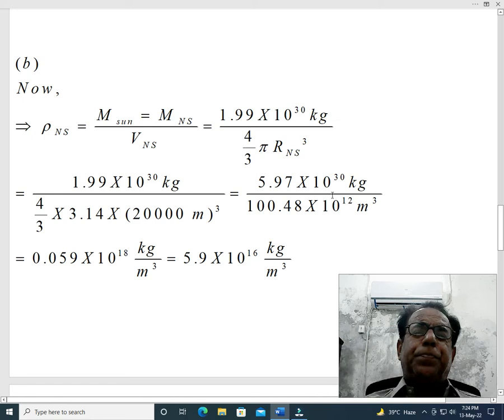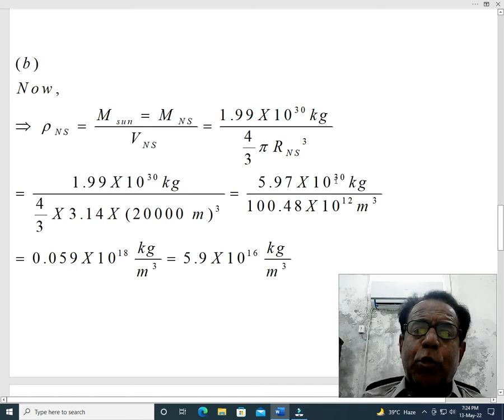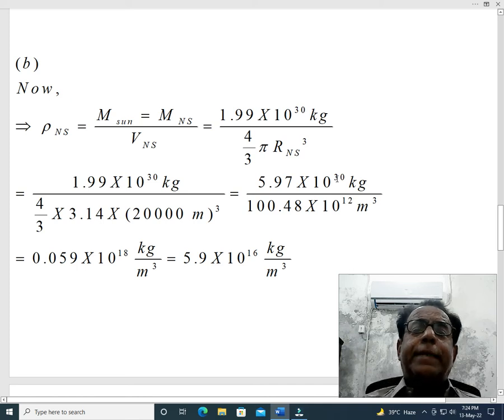Quite simple. Here, dear students, 10 raised to the power 12 will be subtracted from 10 raised to the power 30, and hence 10 raised to the power 18 will be left, and this will result in this. Because if 5.97 is divided by 10, then it becomes 0.597, but when it is divided by 100, then it becomes 0.0597.